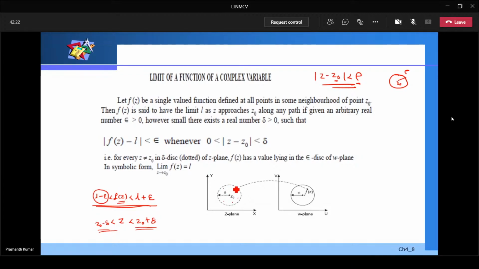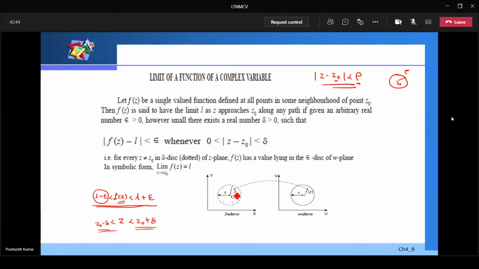Delta is the radius. So the point should occur inside the circle.